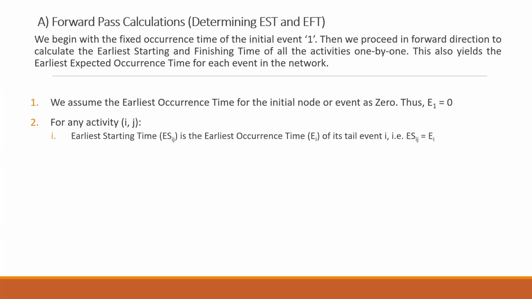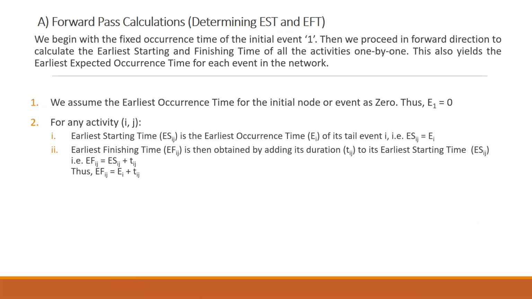If you want, you can note down these formulas. The early starting time is the same as Ei, so ESij is equal to Ei. Please remember this. Secondly, the earliest finishing time is obtained by adding the duration, that is Tij, to its earliest starting time.